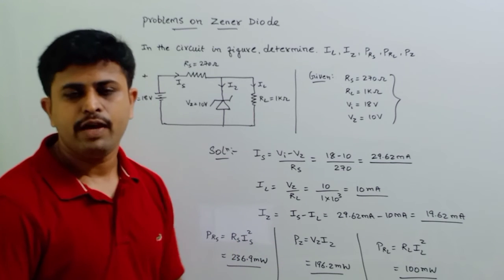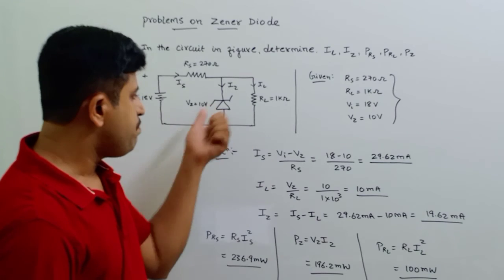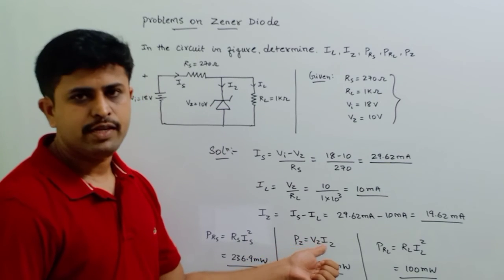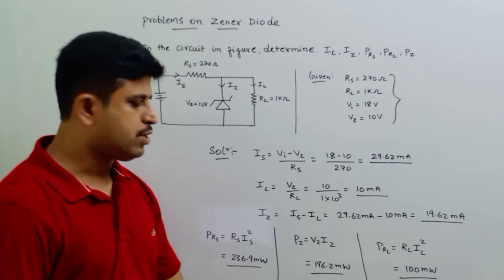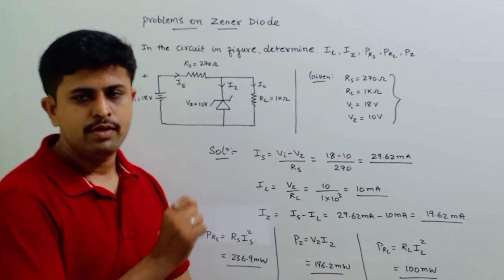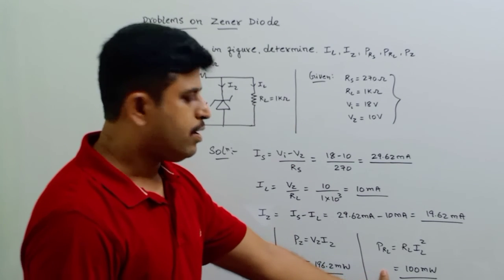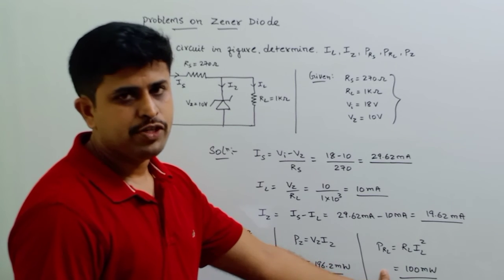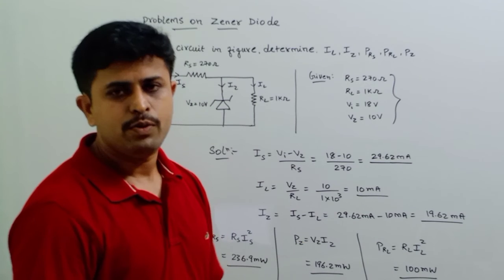Similarly, we have a formula for power, that is V into I. So to find Pz, we can write Vz into Iz. We know Vz and we have calculated Iz. So substituting this, we got Pz, the power dissipation through the Zener diode. And finding the power dissipation through this load resistance, that is RL into IL square.